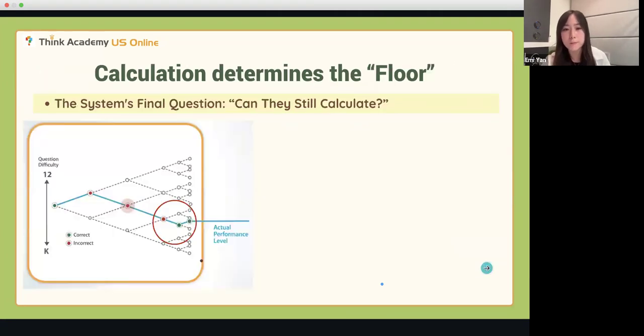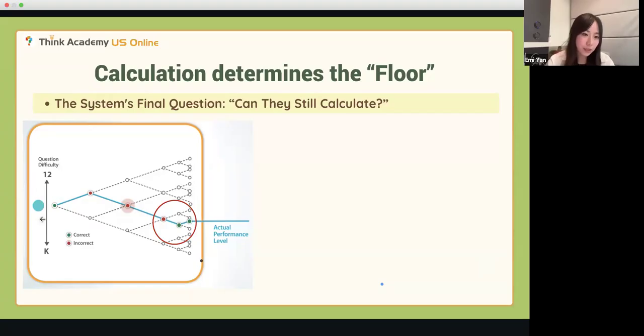Calculation is very important. One more example of its importance is that calculation determines the floor of your score. What does this floor mean? That means the worst scenario, the worst score you can get. What does that look like? If you remember, iReady is an adaptive test.